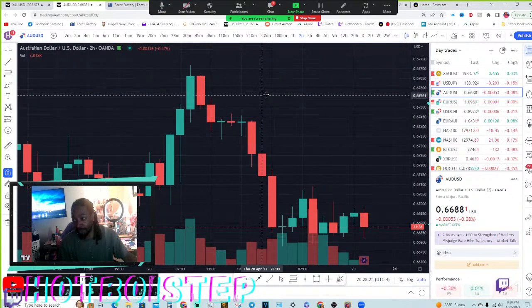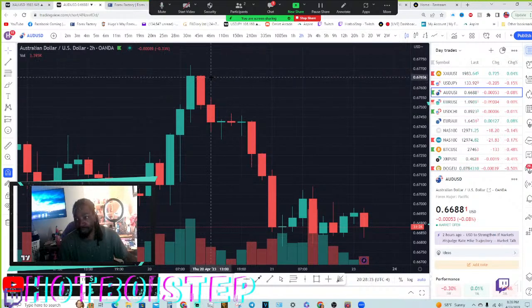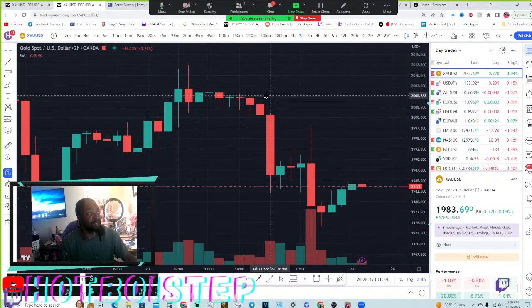It's called a pip. So if it's going up a certain amount, the proper unit of measure is pips. Like for gold here, going from 2005 to 2000, that's a difference of 5. You would say that it went down 5 pips.